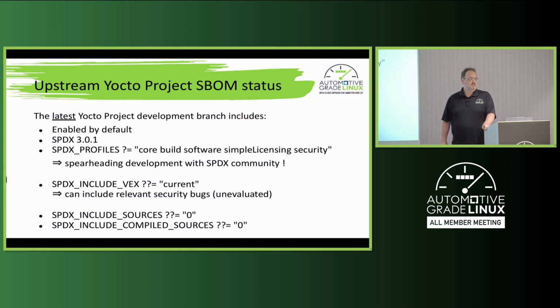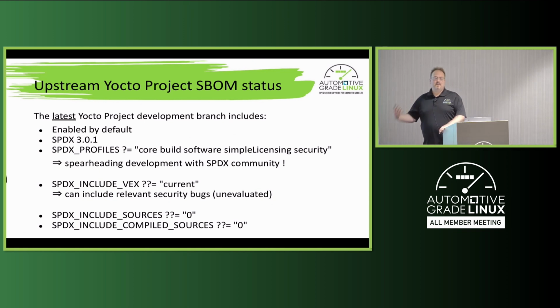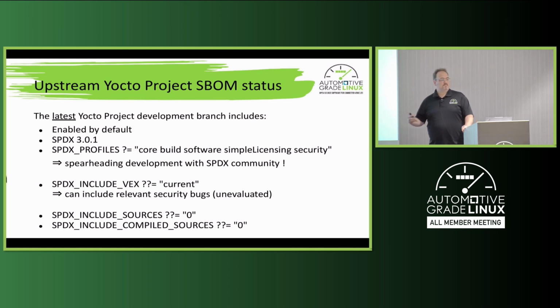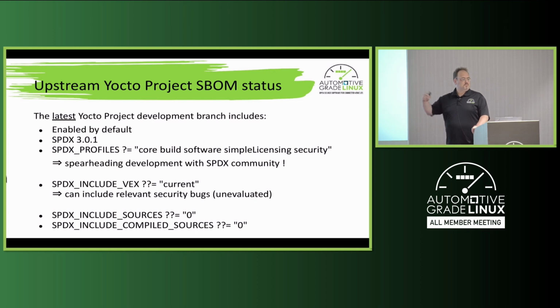It's enabled in the default configuration. We are meanwhile actually using SPDX 3. SPDX evolved, there is now a revision 3, and it was developed to solve exactly some of the problems that we saw previously.